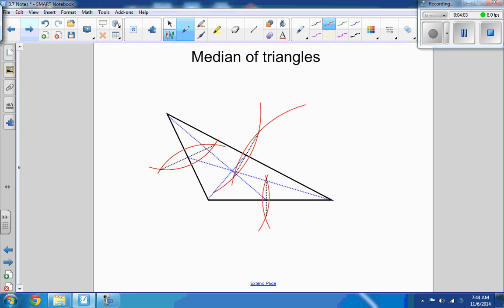And then last, the medians. Remember, that's from a vertex to the midpoint of each side. The medians, again, intersect at a single point, called the centroid. So all 4 of those constructions intersect at a single point, and they all have those particular names: the incenter, the circumcenter, the orthocenter, and the centroid.